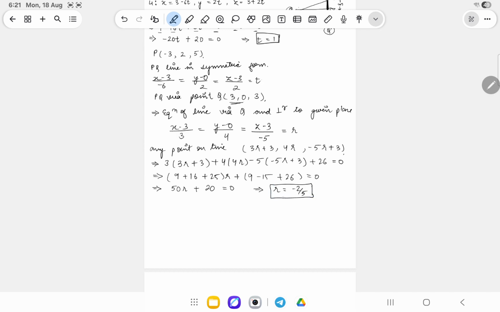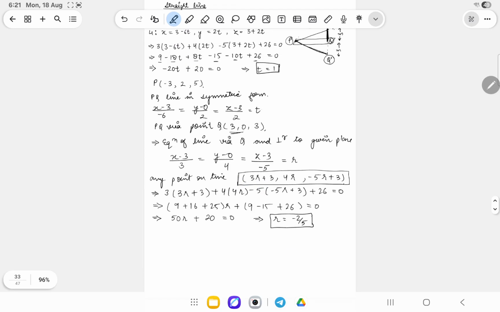So if I substitute the value of r in this point, I'll get my r coordinate. So the r point is (3 minus 3 into 2 by 5, comma, 4 into minus 2 by 5, comma, 3 minus 5 times minus 2 by 5, this will be plus 2 by 5).